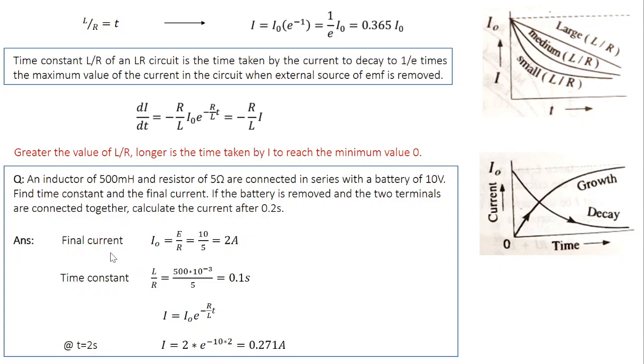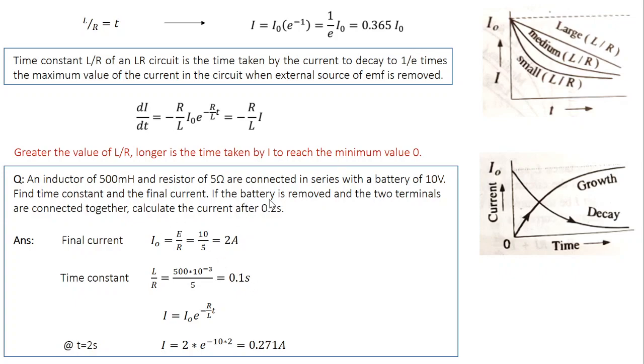First thing, final current is the maximum current which is given by the source EMF divided by resistance R. So this is 10 by 5, which is 2 ampere. Time constant is L/R. So this is 500 millihenry divided by 5 ohm, which is 0.1 second.